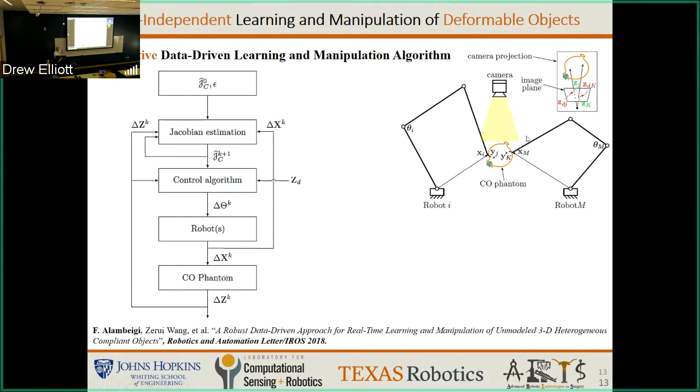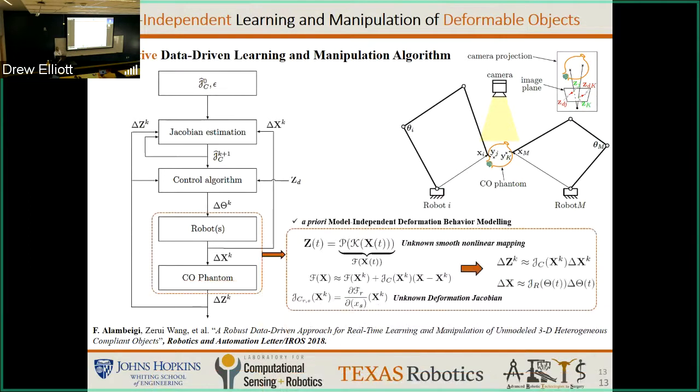During my talk, when I say I use the da Vinci, I'll show you. We assume that we have a camera that can track some fiducials, and we know the inputs coming from the robot. The core of the idea is this part of the algorithm. Let's assume we have an unknown nonlinear mapping between the inputs that we give to the soft or deformable object, and some outputs that we can measure.